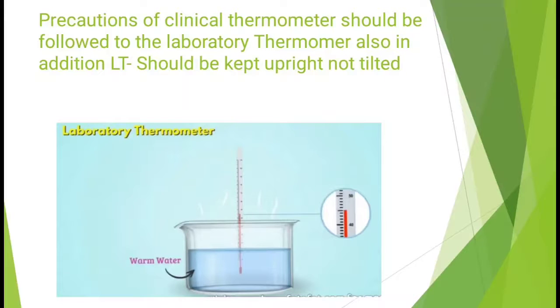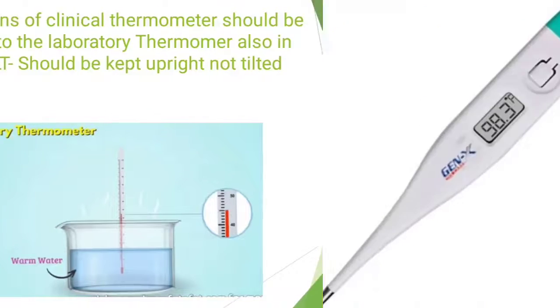Also, while calculating the value, the laboratory thermometer must be immersed in the substance because it does not have a kink. When taken out from the substance, the mercury immediately falls into the bulb. The laboratory thermometer should be kept upright, not tilted, while evaluating. The bulb should not touch the surface of the container. It should be just above the surface of the container.